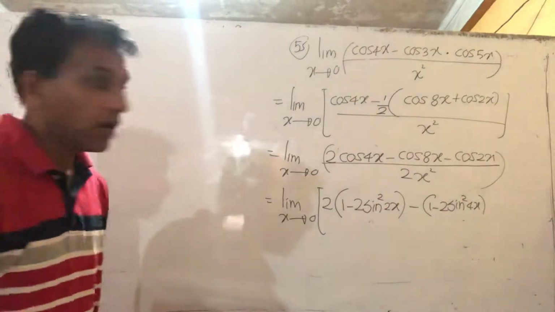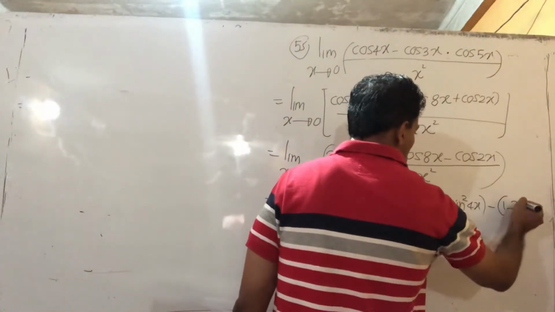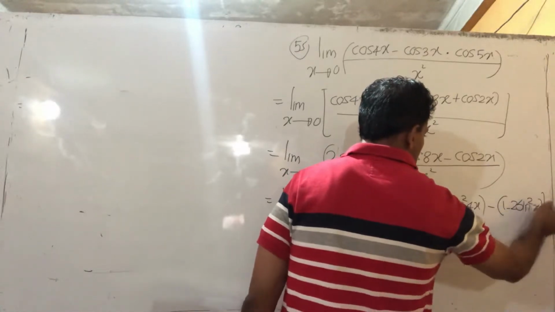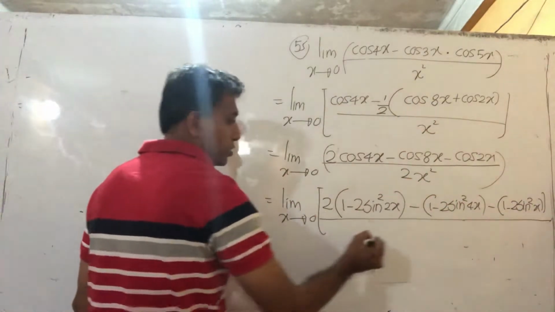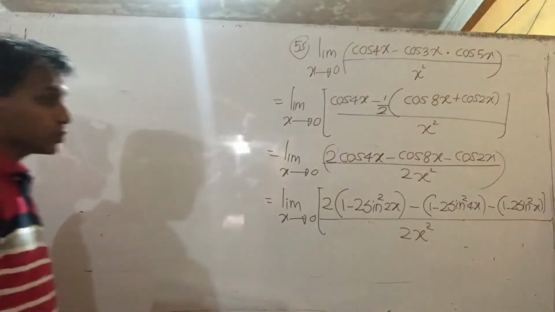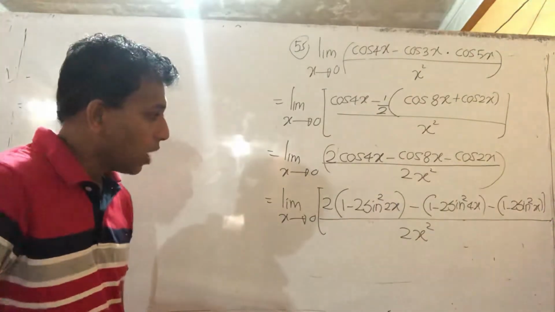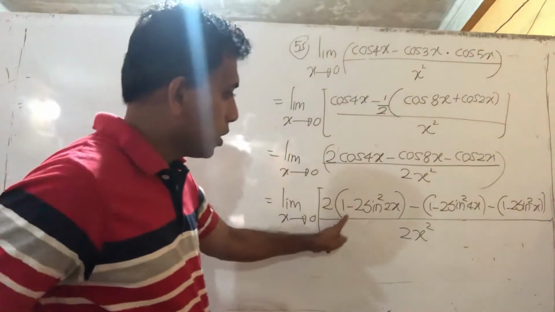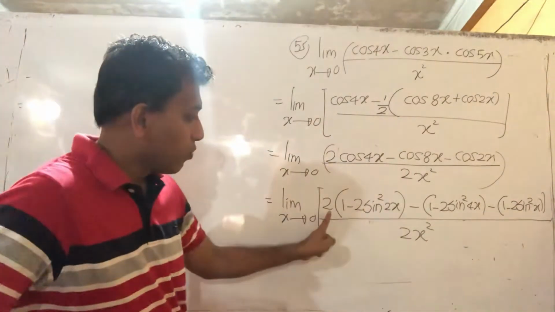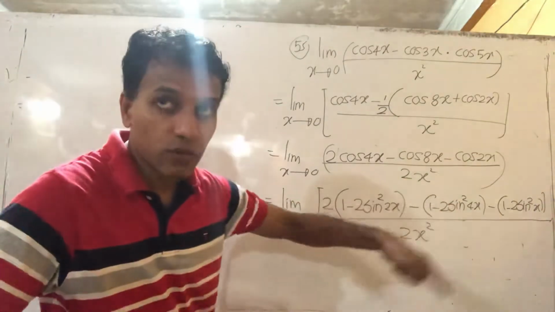At last minus 1 minus 2 sine square x, over 2x square. Change everything into sine terms, and now count the numbers. 2 minus 1, 1, 1, 1, 0, the numbers vanish.